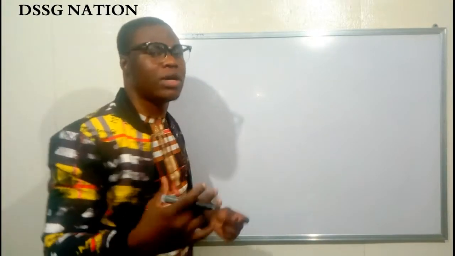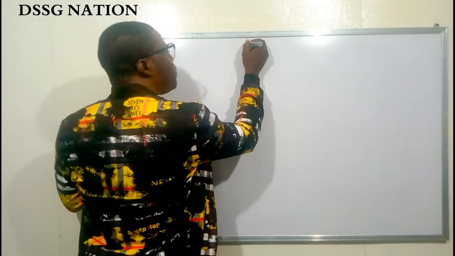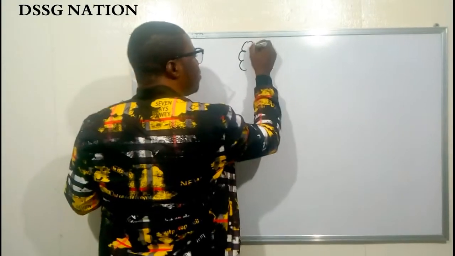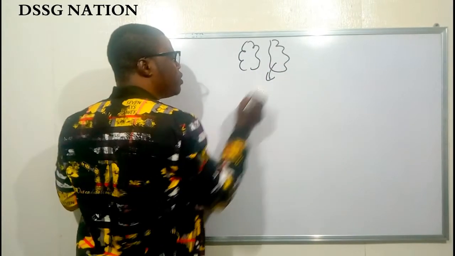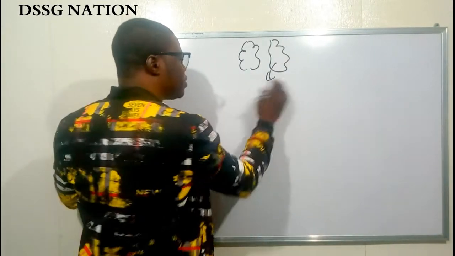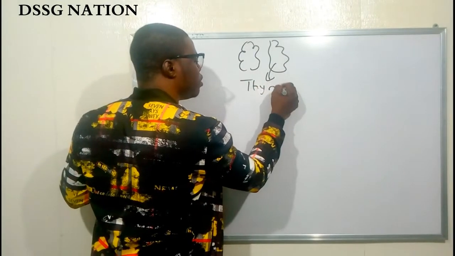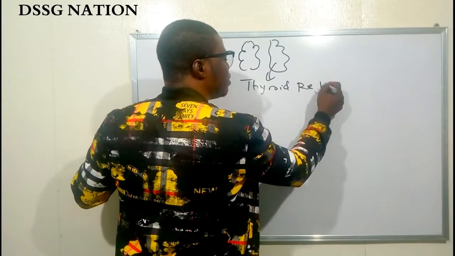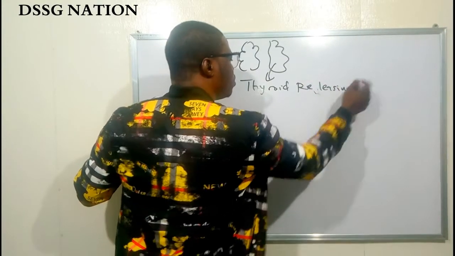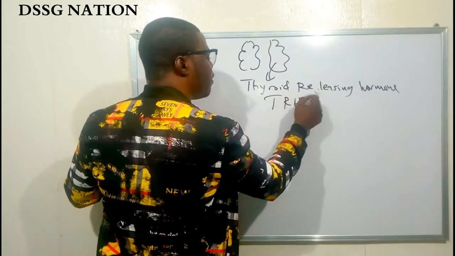Welcome back. Now, we said I'm going to talk about the physiology of the thyroid hormone, how it is produced. The hypothalamus, located within the brain at the base of the skull, is going to release thyroid releasing hormone, the TRH.